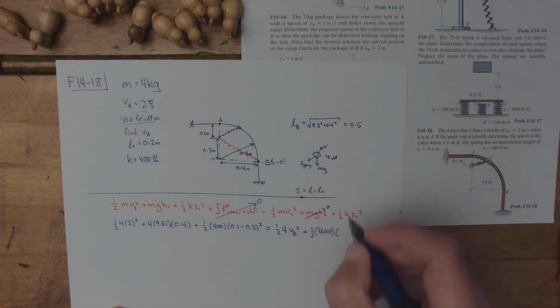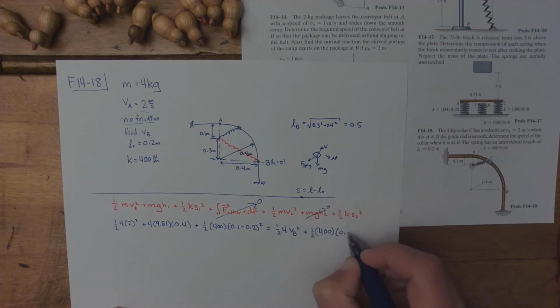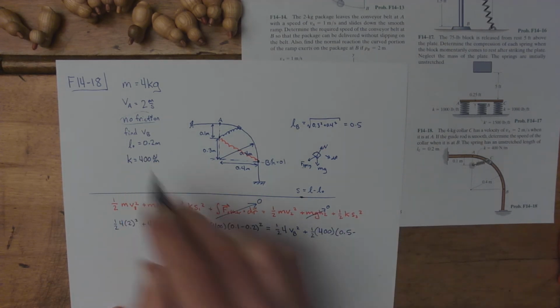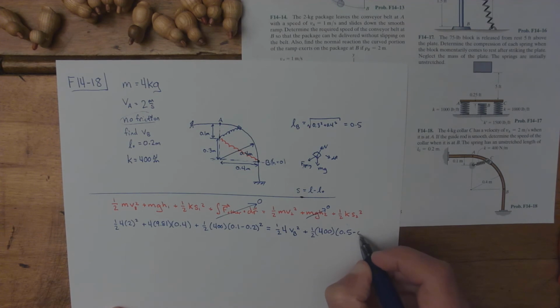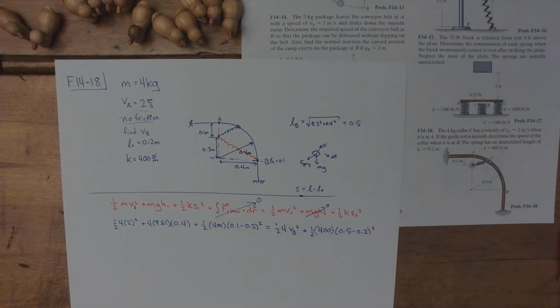So this is the length at point B, and S is that length minus the unstretched length, which is 0.2. And then we square that.